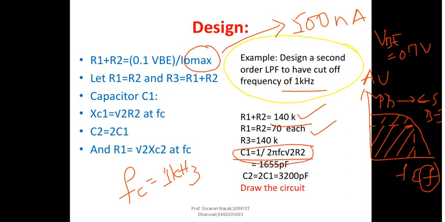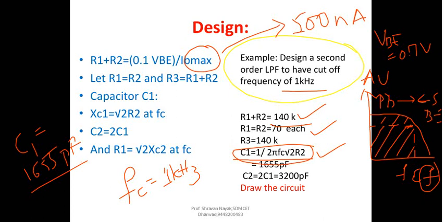If you substitute fc is 1000, and root 2 into R2 with R2 as 70 kilo ohm, you get approximately 1655 picofarad. Please calculate, have the calculator and the paper with you. There may be a small deviation here, and maybe certain approximations are made in taking the value of R2, but that doesn't make much difference.